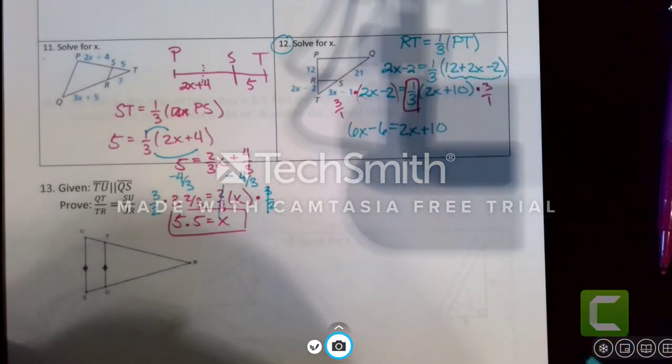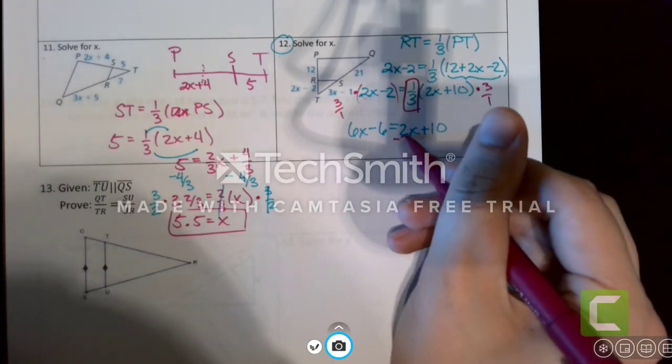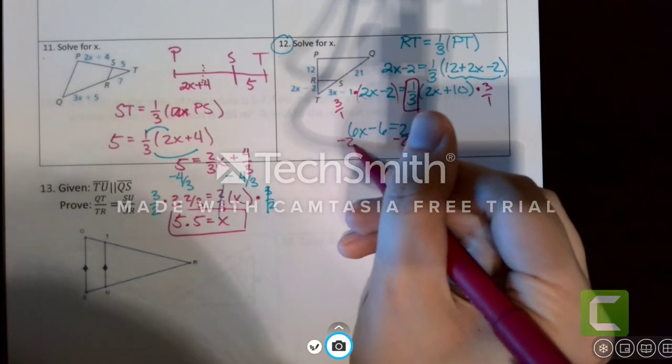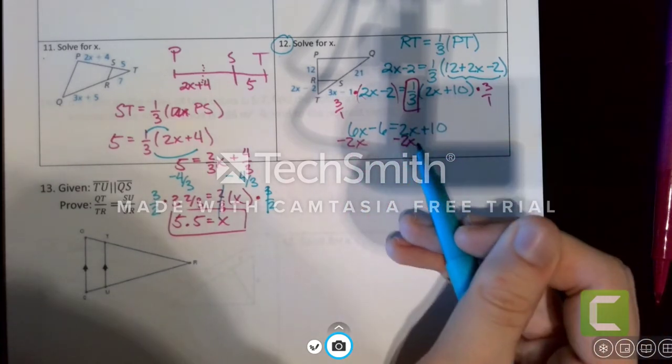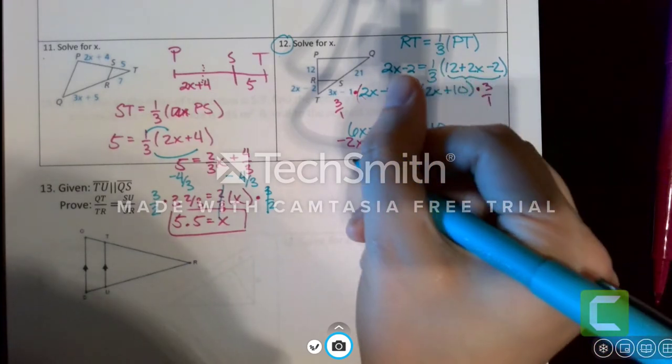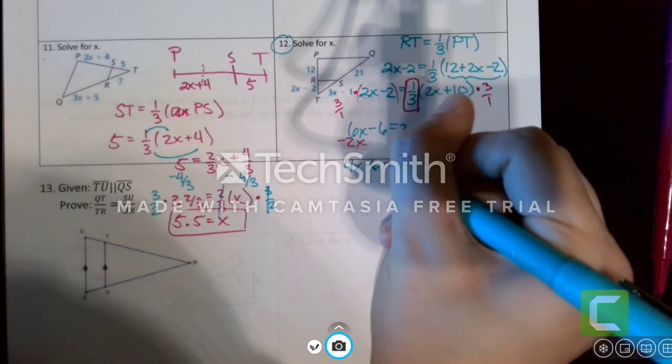Now we solve for x. First thing to do is to subtract your 2x on the right side and the left side. And once you subtract, you should get 4x minus 6 is equal to 10.